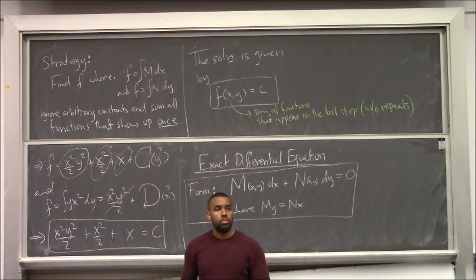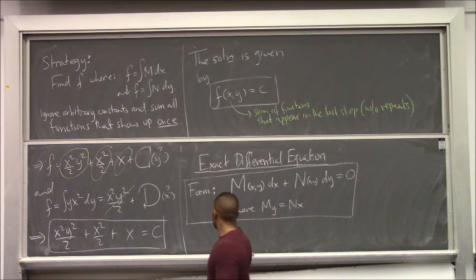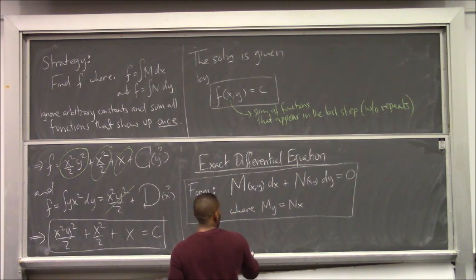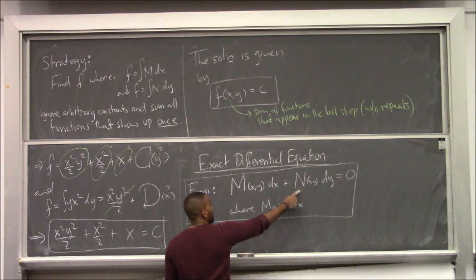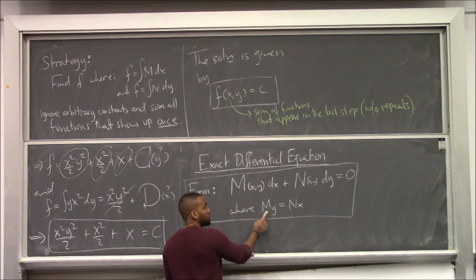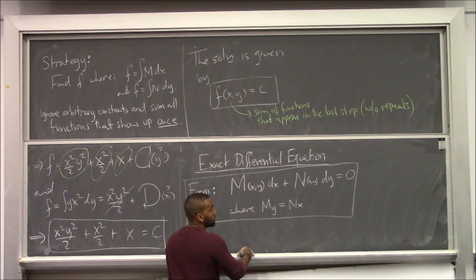Could you have done it the other way around, when you essentially get the same thing? The other way around, what do you mean? The names don't actually matter. It's very important that whatever is attached to the dx, that you differentiate with respect to the other variable. What I'm saying is, you could have done it the other way around, starting out first with differentiating with respect to y.